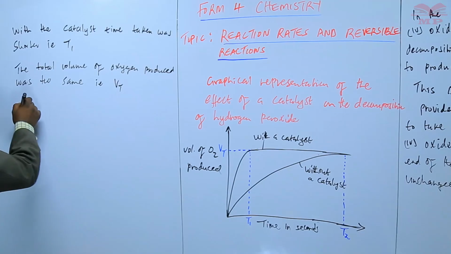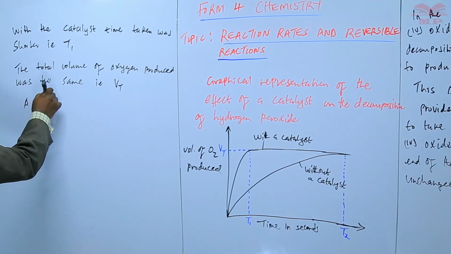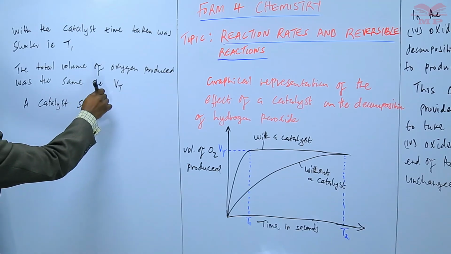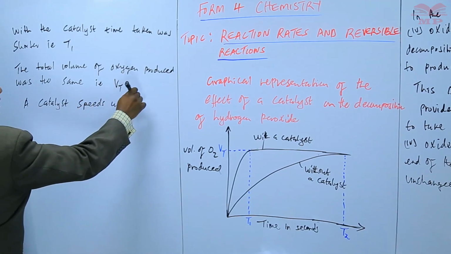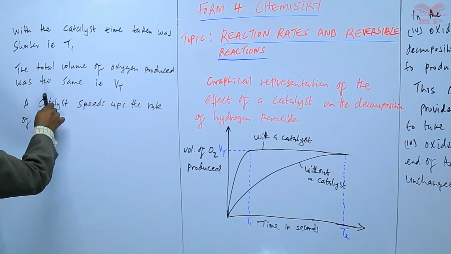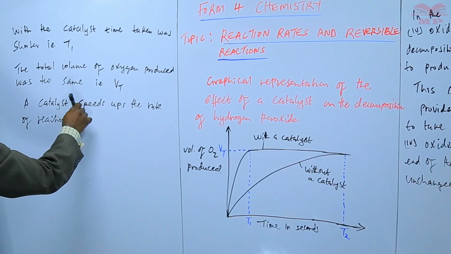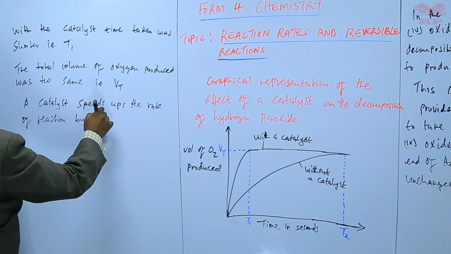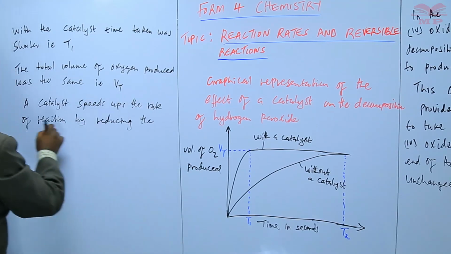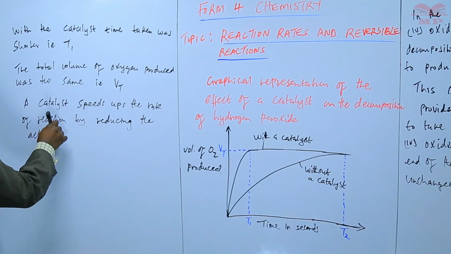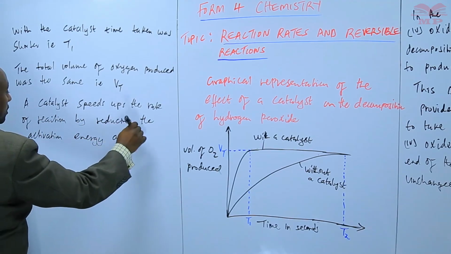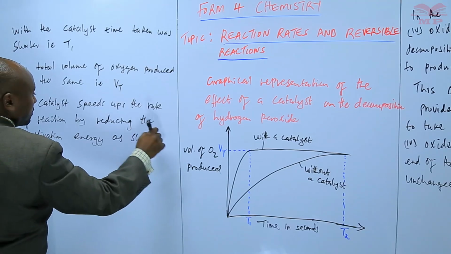So we can also say that a catalyst speeds up the rate of reaction by reducing the activation energy, as shown below.